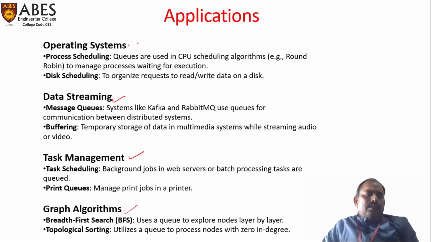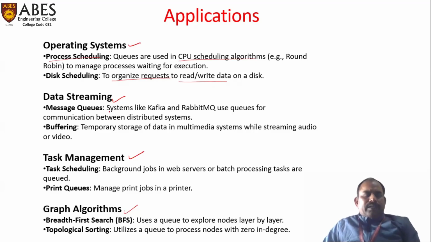In operating systems, we see process scheduling, where the queue is used for CPU scheduling algorithms like the round robin algorithm, which we learn when we study operating systems. Another application in operating systems is disk scheduling. Here a queue data structure is used to organize the requests to read and write data on the disk.